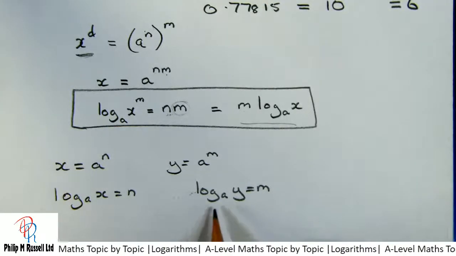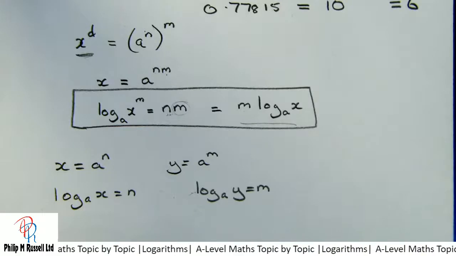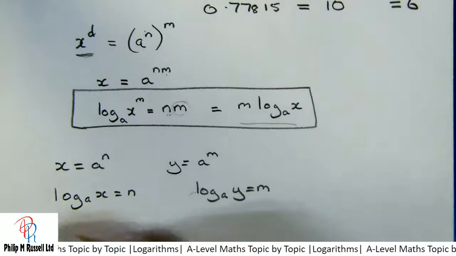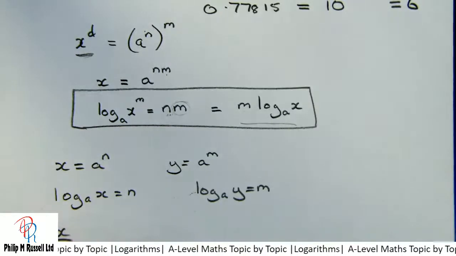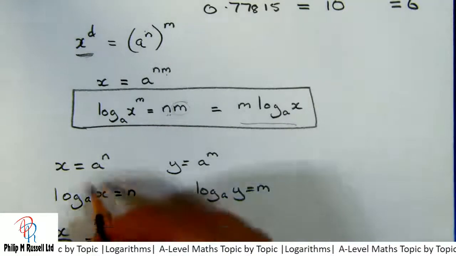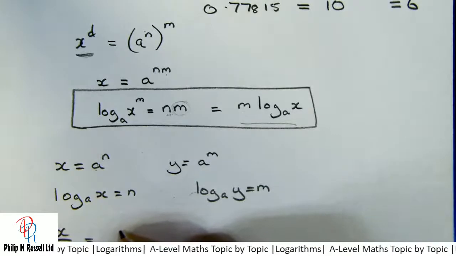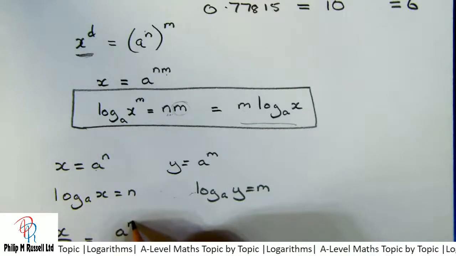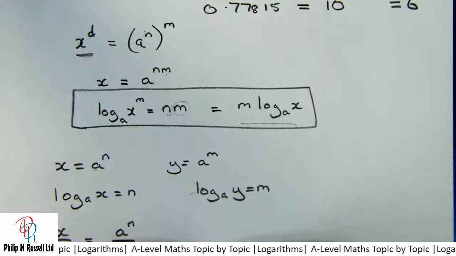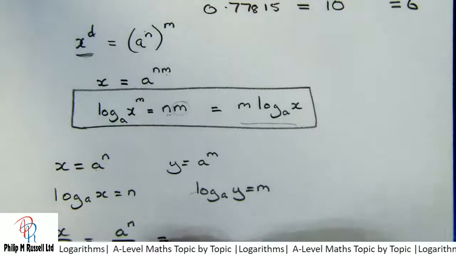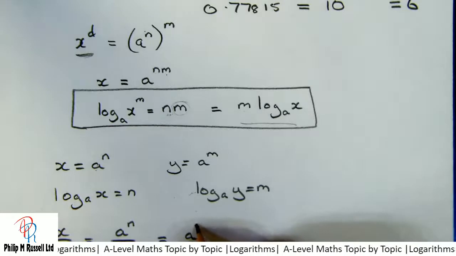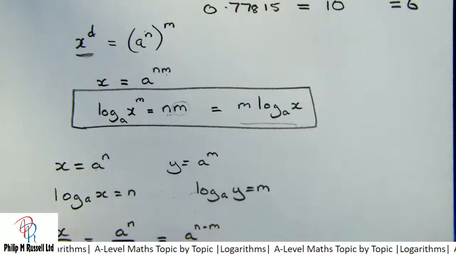So let's now see if we could perhaps take a number x and divide it by y. With this system, that's going to be a to the n divided by a to the m, and we'd write that as a to the n minus m.